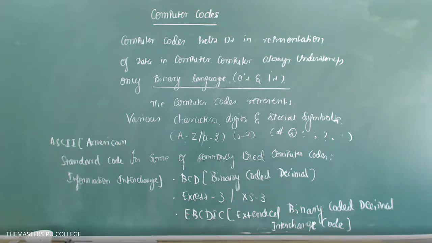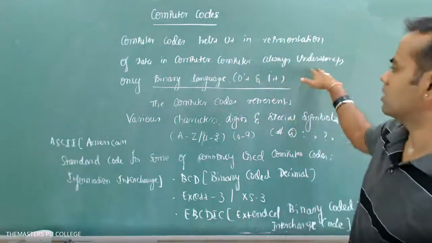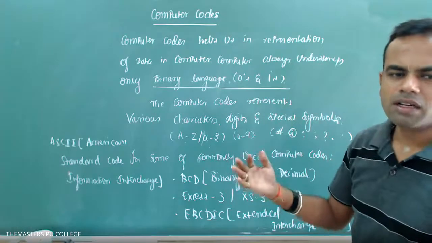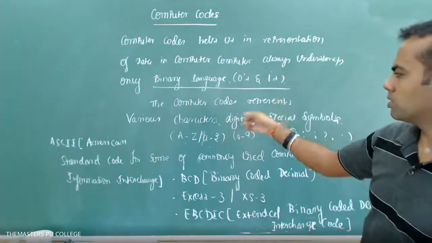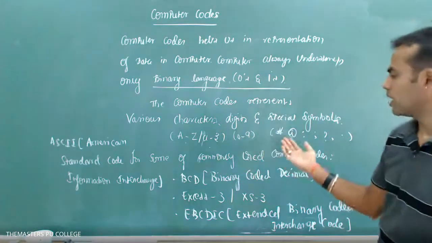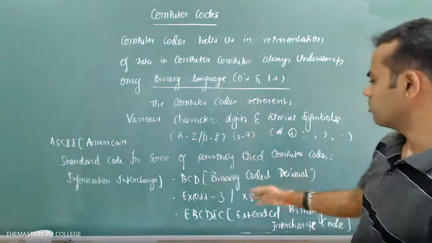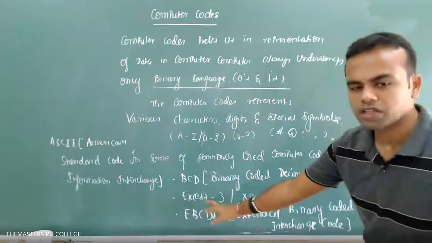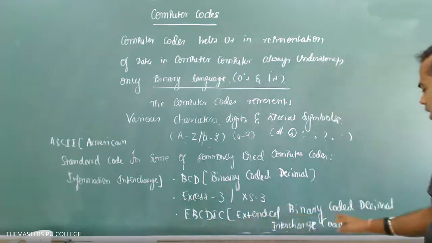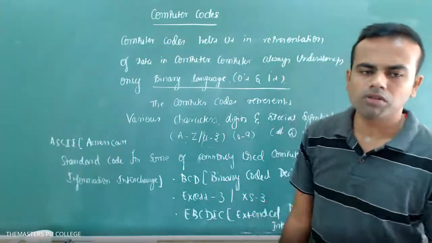Computer codes help us in representing data in the computer. The computer always understands binary language, that is zeros and ones. Any data can be represented using zeros and ones. The computer codes represent various characters, which are uppercase and lowercase, digits 0 to 9, and special symbols, which are available on the keyboard. The commonly used computer codes are BCD, XS3, EBCDIC, and finally ASCII, American Standard Code for Information Interchange.